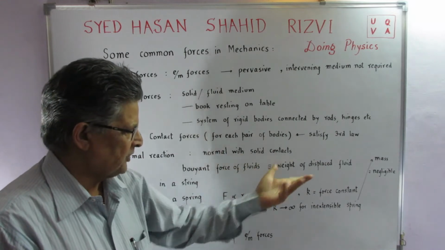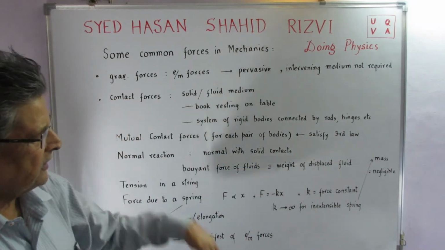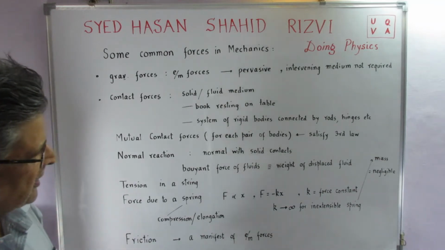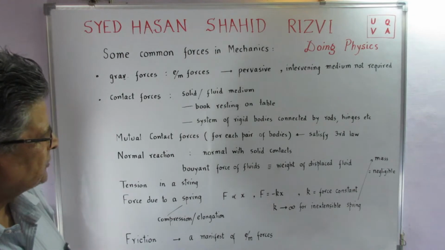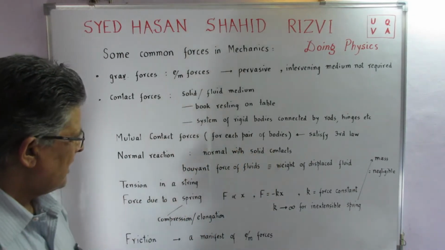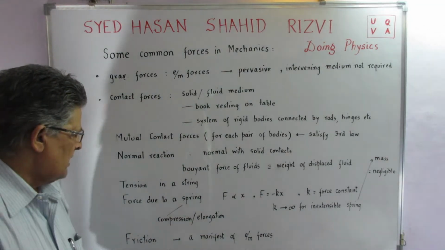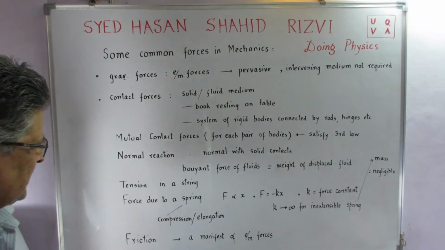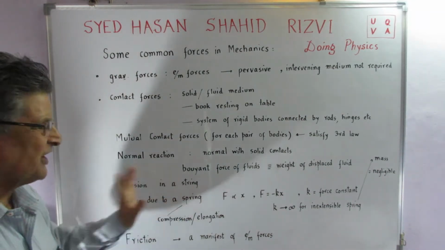Whatever is the weight is equal to the mass of the displaced liquid multiplied by the acceleration due to gravity or the gravitational field, whatever exists over there. The buoyant force of fluids is another thing when we do fluid mechanics. Now, in the course of time, we talk about strings.